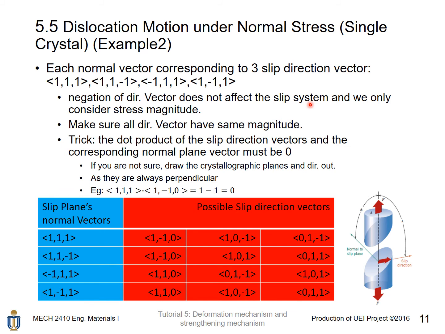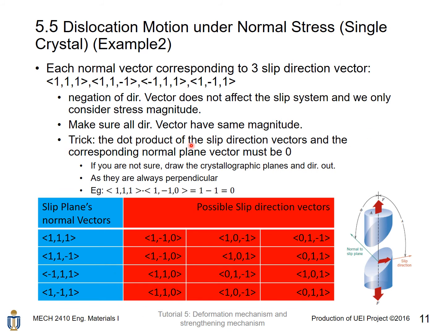Okay, so we then need to consider the respective slip direction vectors for all 4 slip planes, corresponding to the slip plane's normal vectors, as I list out in the table shown. And you may want to ask, how can I generate all these slip direction vectors? There is one small trick.